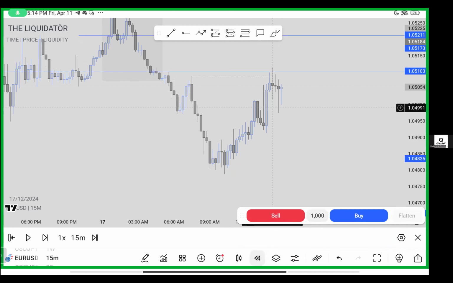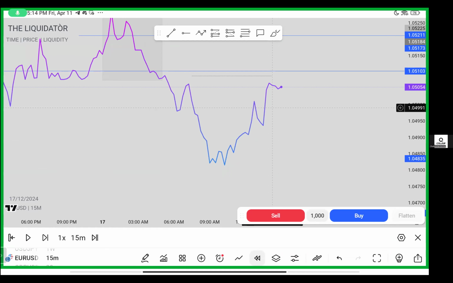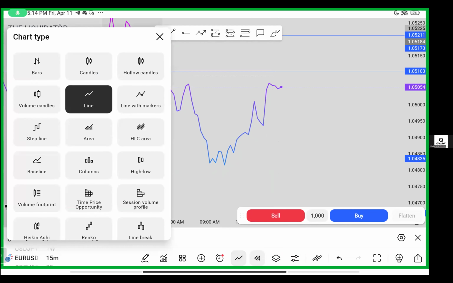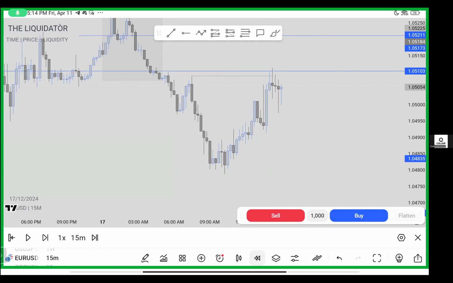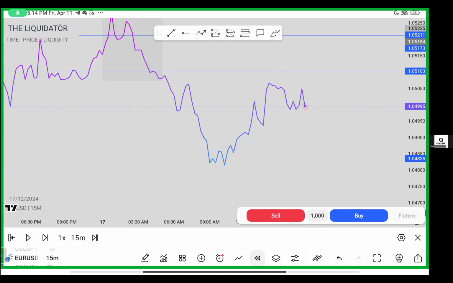So now using the line charts, we are still waiting for a break of structure. Let's patiently wait. Okay, let's play price. Price is still playing. Let's check now. We have to be checking the line chart every second because we're already on the 4-hour time frame.